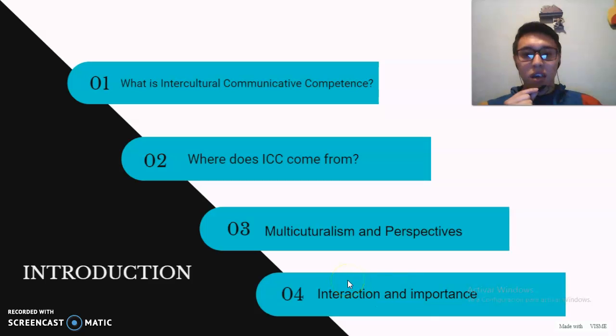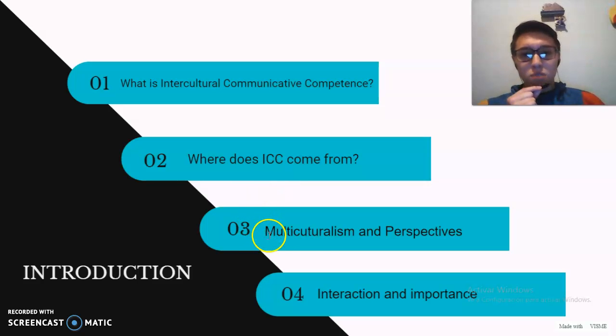Well, as I already told you, I divide this topic in four terms. The first is what is ICC, is essential to know. The second is where does ICC come from? Because first of all, it wasn't totally educational. It was part of the Second World War.